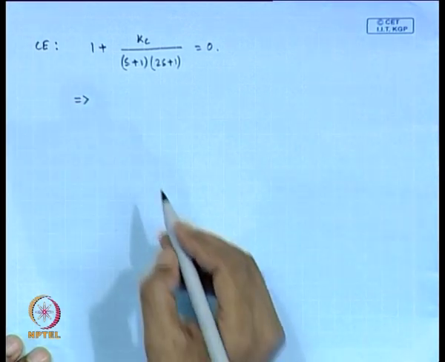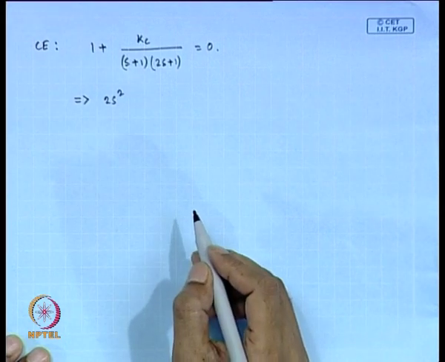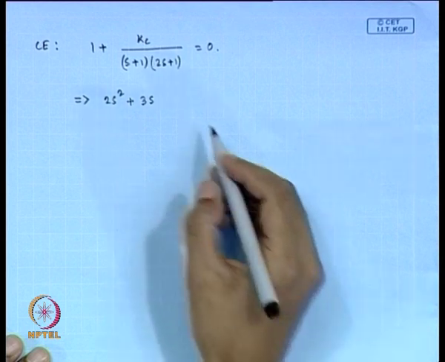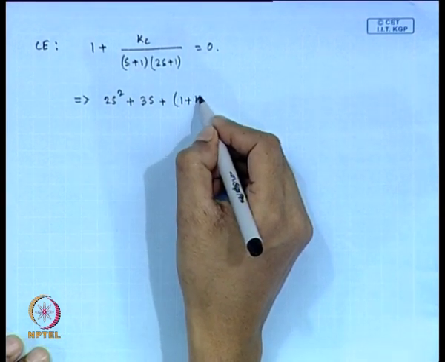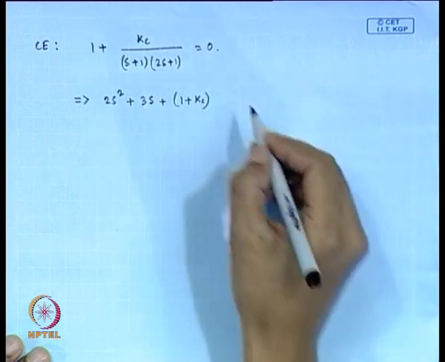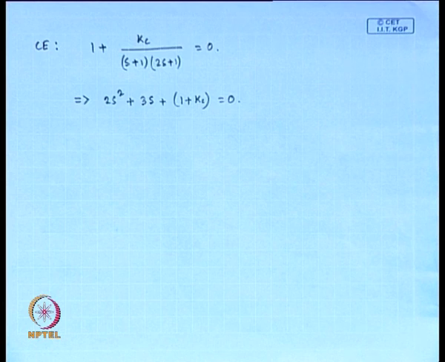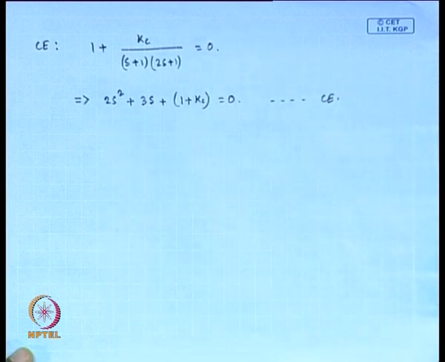Now, we can write this equation by simplifying as 2s square plus 3s plus 1 plus Kc equals 0. Can we write the characteristics equation in this form? Fine. So, this is the characteristics equation which we got after simplifying.